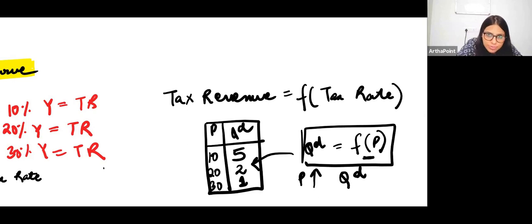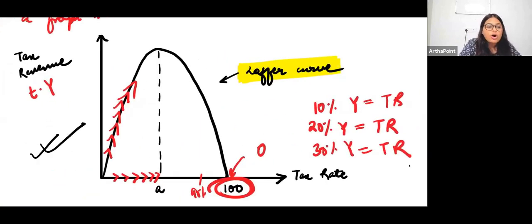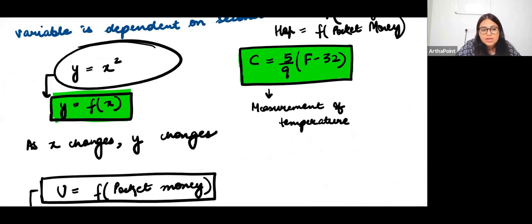So I can represent the relationship in the form of a table, in the form of a chart, or very well in some mathematical format. Well, in this chapter, although I would be dealing with mathematical formats, it is advisable for you to think of everything that you do in micro or macro as functions.